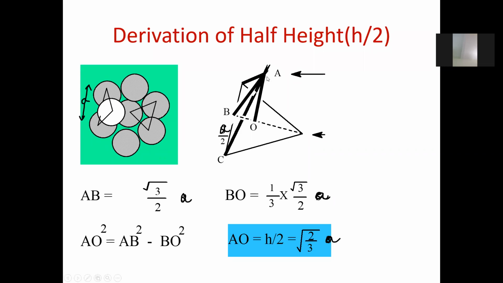So if you look at this small triangle, this is a right angle triangle, then this is root 3 by 2 a of this equilateral triangle, and this is 1/3 of this height, 1/3 of root 3 by 2 a. So it is this square minus this square, the Pythagoras theorem. So it is AB square, that is root 3 by 2 a whole square minus 1/3 of root 3 by 2 a whole square. And when you take the square root, you will be getting root 2 by 3 a.